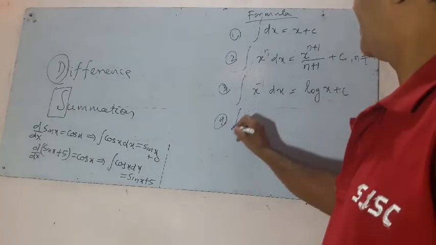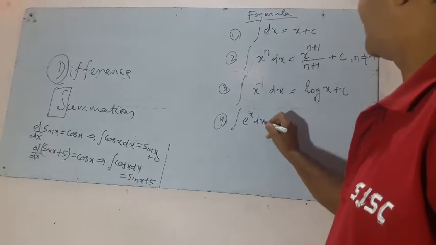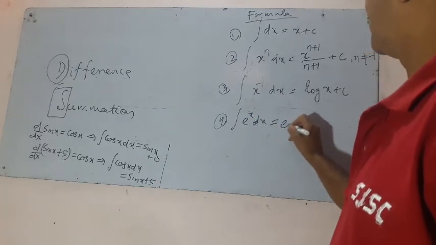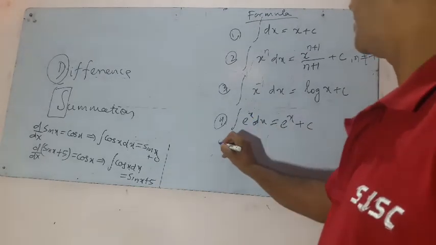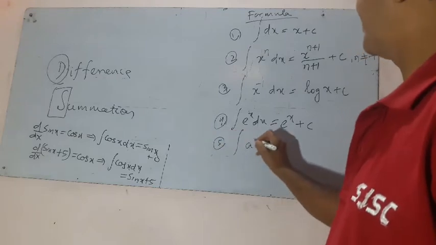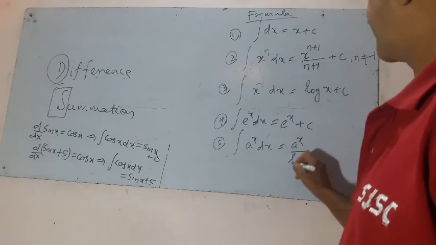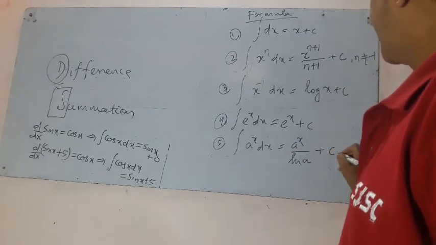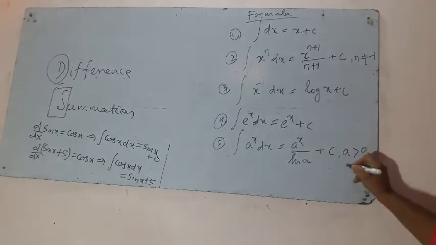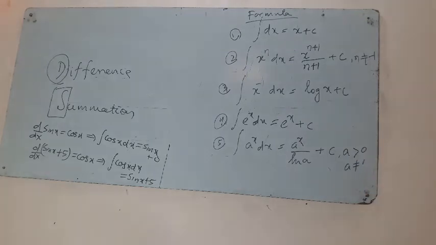Fourth: integration of e to the power x into dx is equal to e to the power x plus c. Fifth: integration of a to the power x into dx is a to the power x by ln a plus c, where a is greater than 0 and a is not equal to 1.